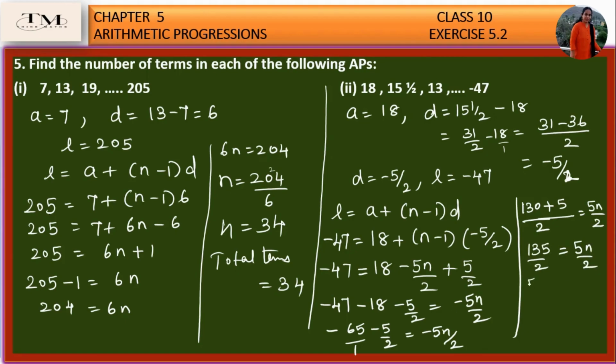That is nothing but 5n by 2 is equal to 135 divided by 2. So n will be equal to 135 divided by 2 into 2 by 5, since 5 by 2 changes to 2 by 5. 2 can cancel, 135 divided by 5 is 27. So n is equal to 27. There are 27 terms in this series.